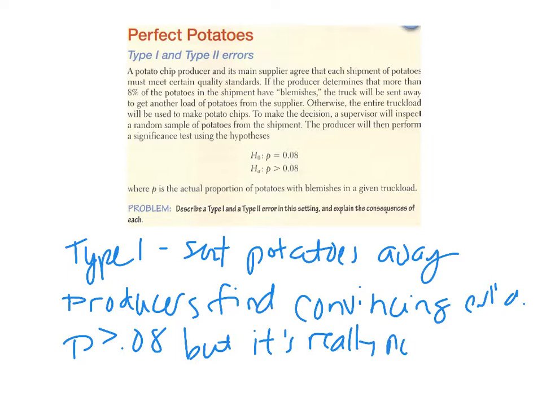So in reality, the p is actually less than or equal to 0.08. So they rejected their null hypothesis when they shouldn't have, which means they sent the potatoes away.